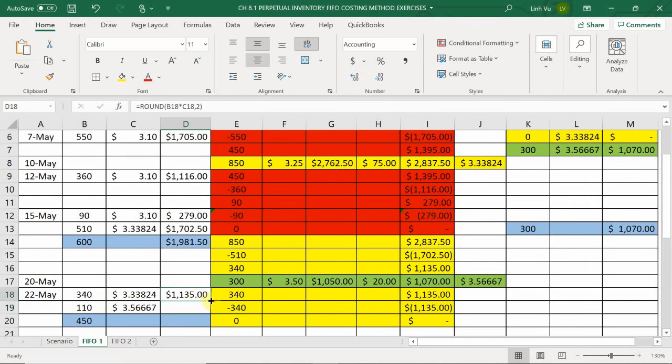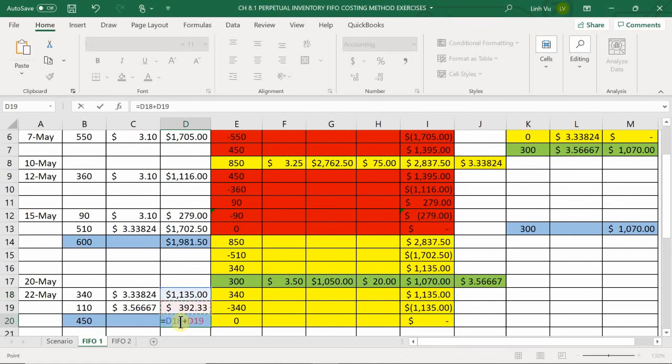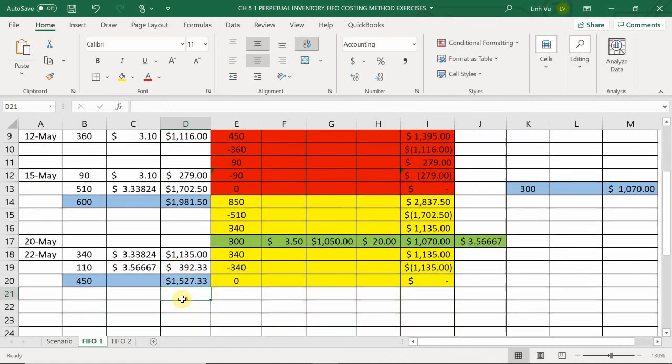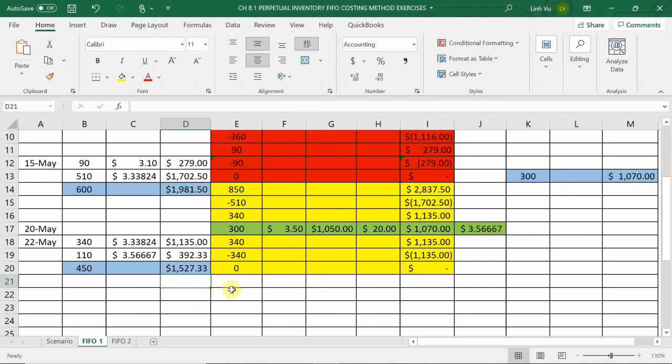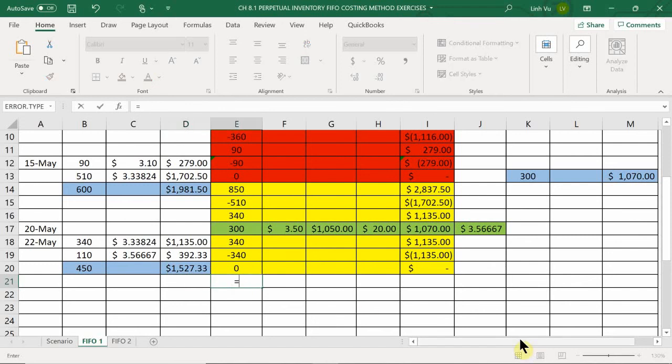What is my total cost here? $392.33. Good, right? $392.33, giving me a grand total that I sold for all 450 units is going to cost me $1,527.53. So once again, I'm going to eliminate that from my green batch.